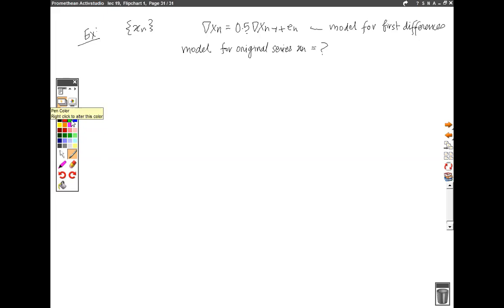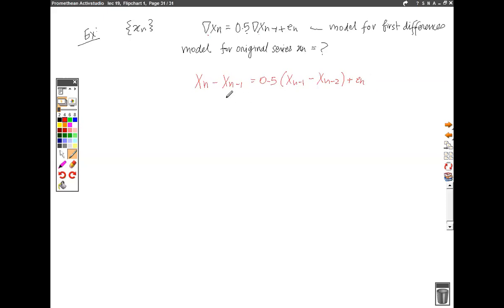Absolutely right. Maybe I can try to expand this. So once I get that my nabla xn follows this model, I can write xn minus xn minus 1 equal to 0.5 times nabla xn minus 1, so this will be xn minus 1 minus xn minus 2, plus en.